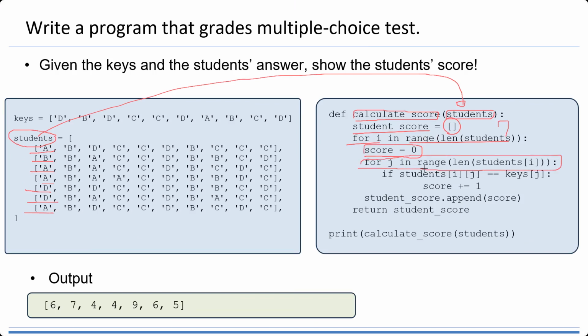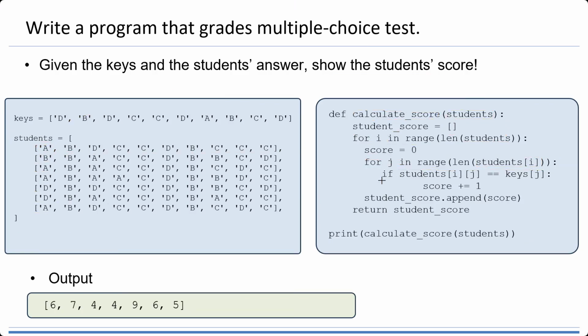For j in the range of the length of students i, it means I'm going to check one by one from the data of student i. Student i means student index 0. So there are 10, then I'm going to loop from 0 until index 9.